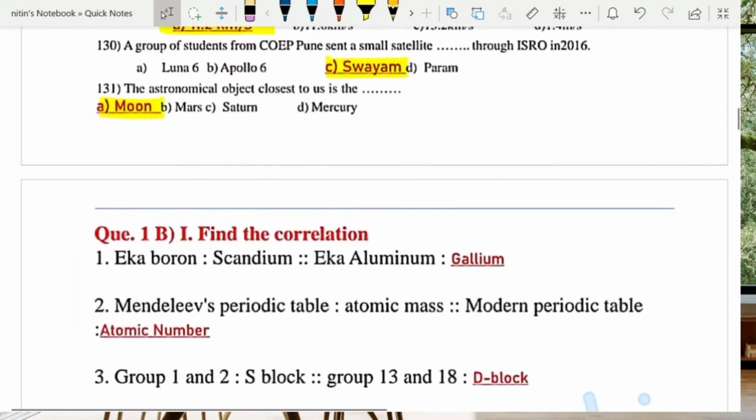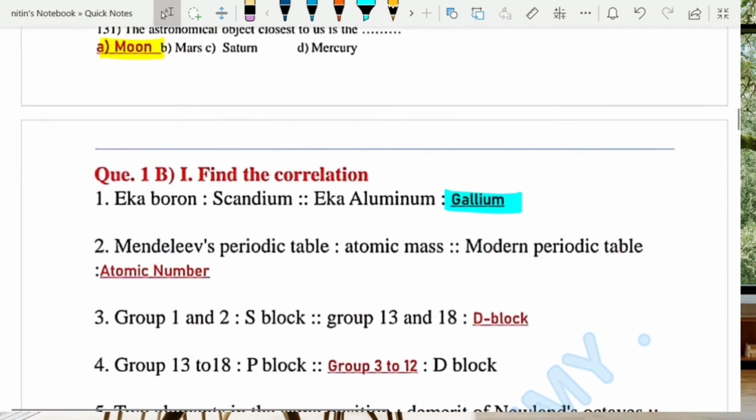These are all MCQs. Next question, find the correlation. Eka-boron is known as scandium, and Eka-aluminium is called gallium. Mendeleev's periodic table is based on atomic mass, modern periodic table on atomic number.